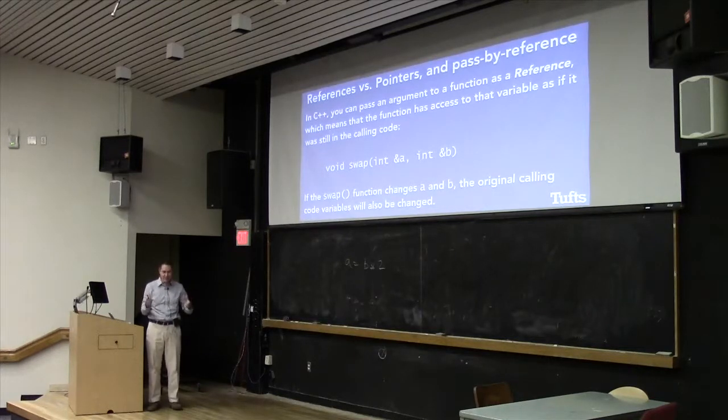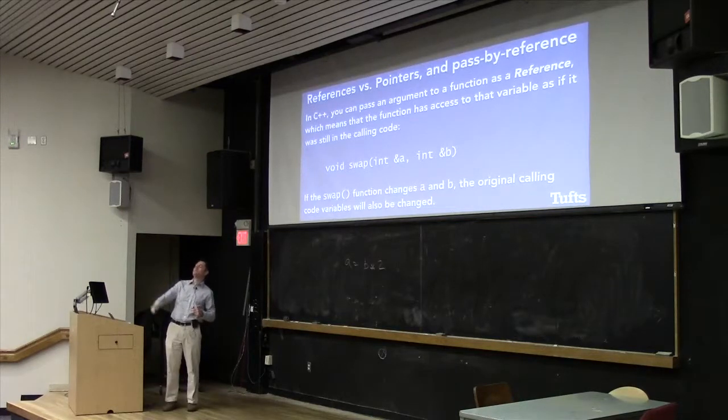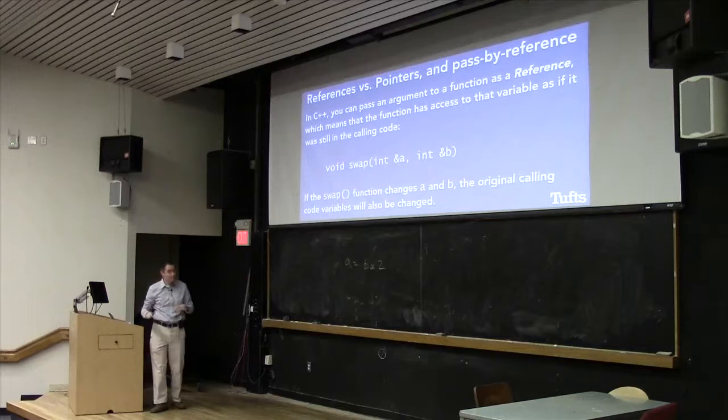You just have to figure it out and go with it. But what this means is you get to pass in this variable, A in this case, and you're going to be able to change it, and that change will be reflected in whatever you called that function from. I'll show you the example so you'll see what it means. Basically it's saying if you change A and B, the original calling function sees that change as well.